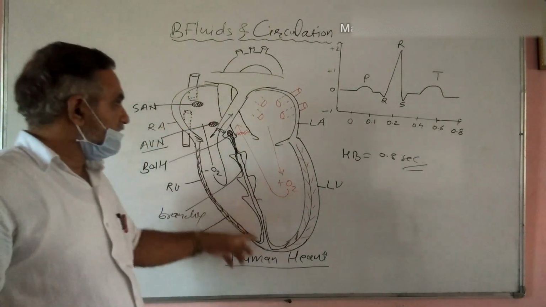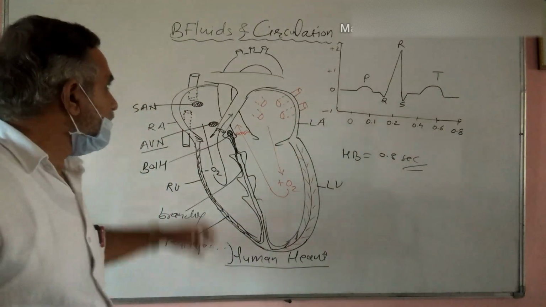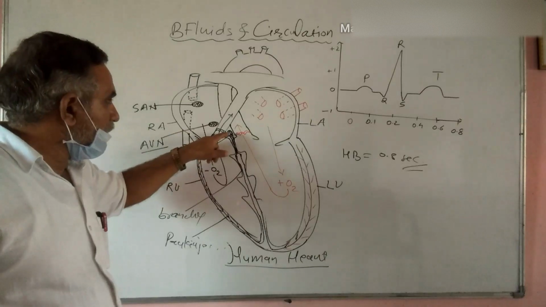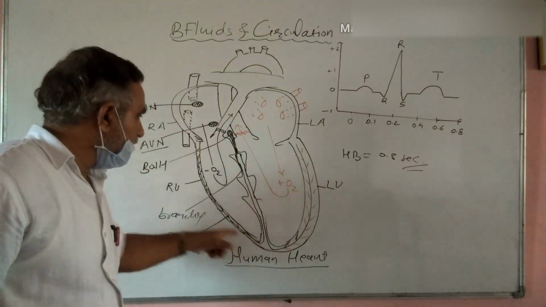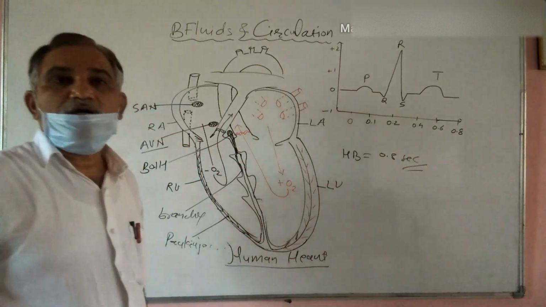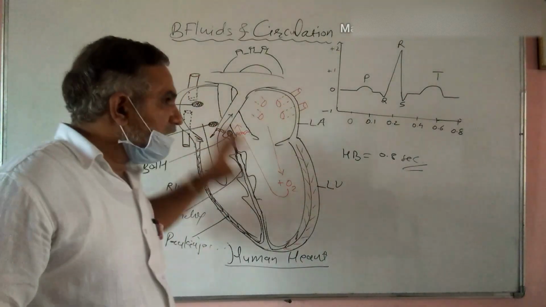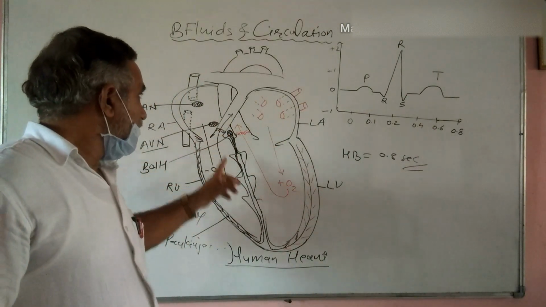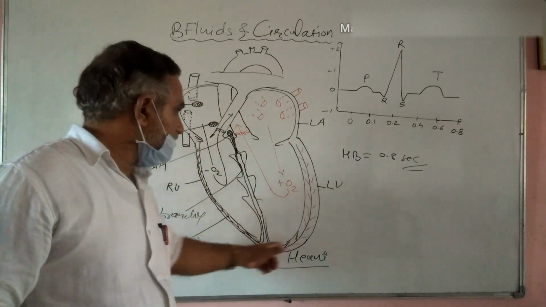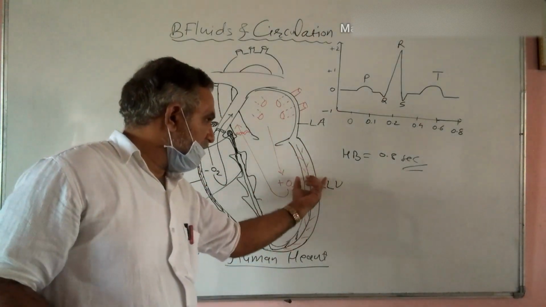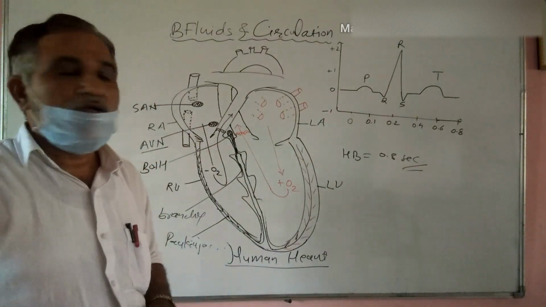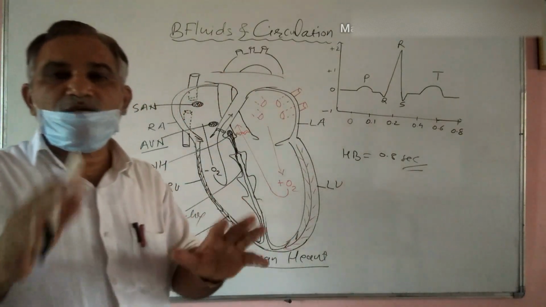So the conducting system includes the sinoatrial node, then the atrioventricular node, then the bundle of His, then the bundle branches, and then the Purkinje fibers. This conducting system, as well as the cardiac muscles present in the wall of the heart, are mainly responsible for the structural and functional establishment of the heart.